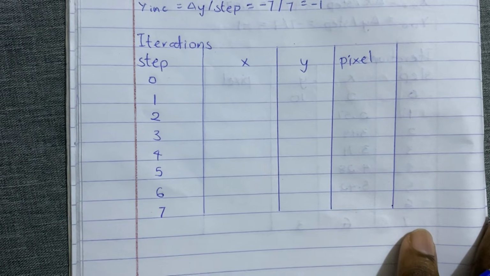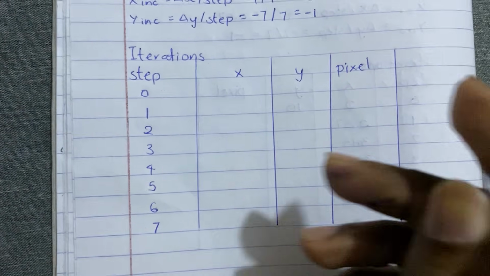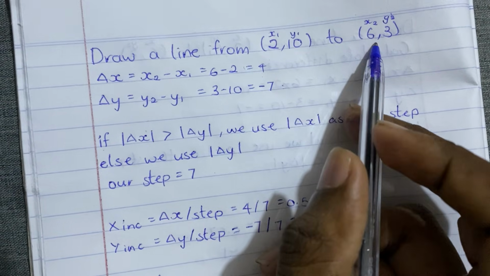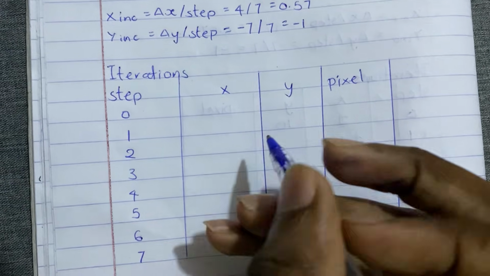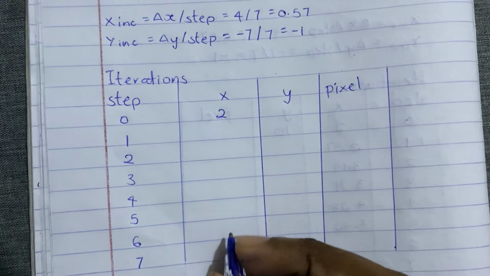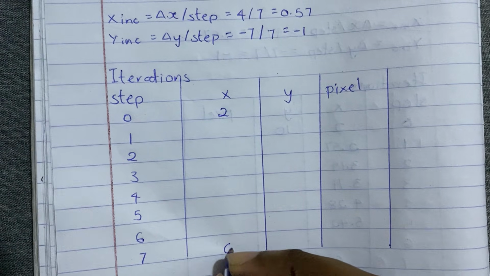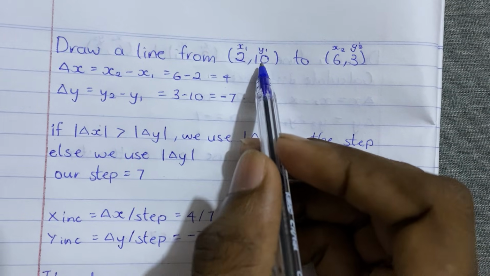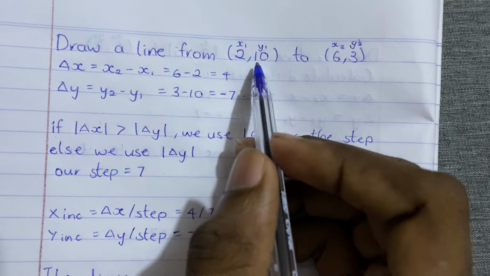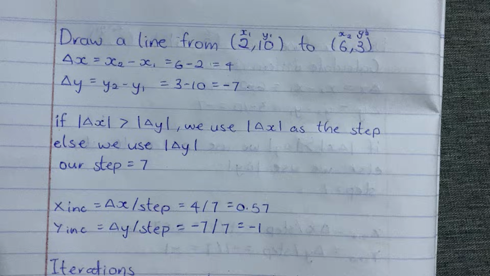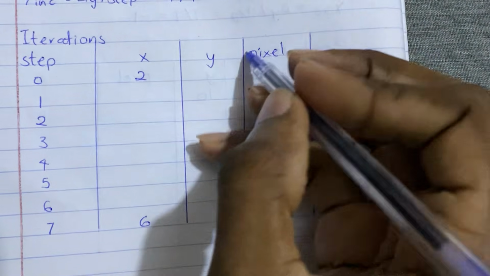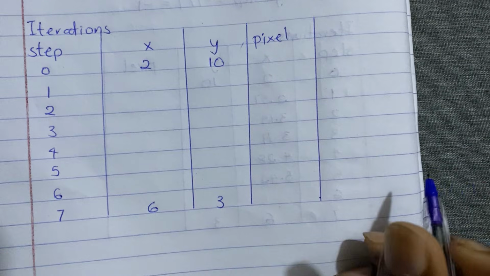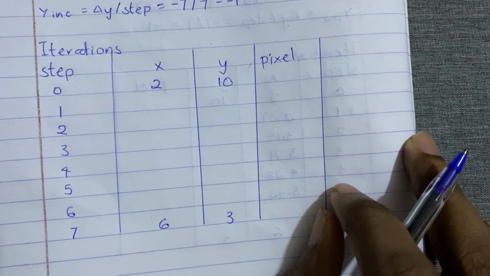For our x, from our question, we start at 2 and end at 6. In our y, we are starting at 10 and ending at 3.